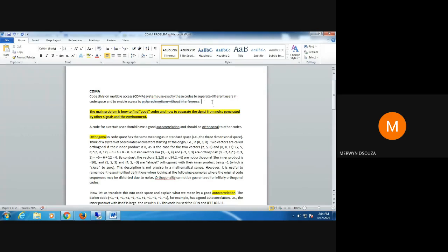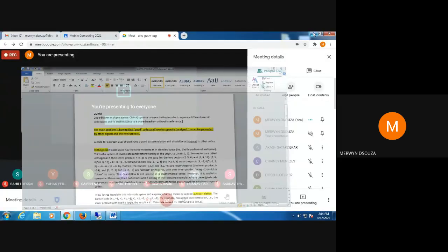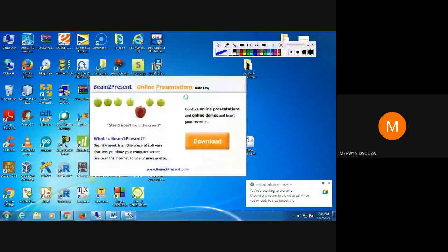Now the question is, when you are assigning keys to different stations, how do you decide whether that key or that code is a good code? What is the criteria for deciding a good CDMA code? Like I told you, each station has two parts: the data part and the code part.